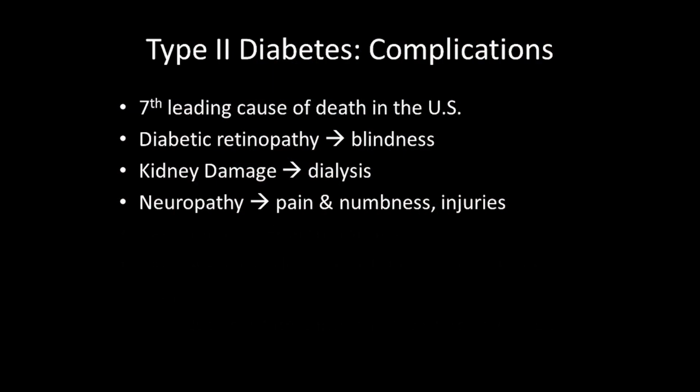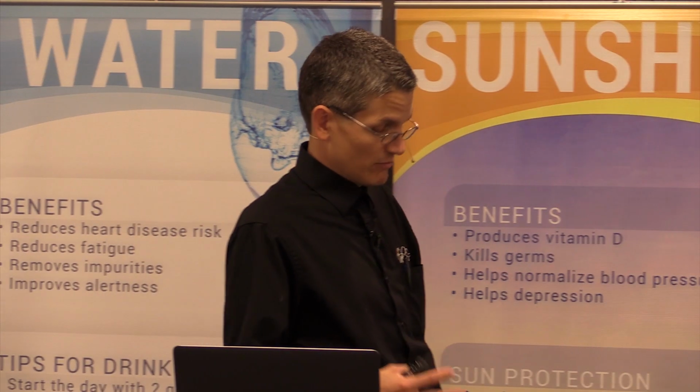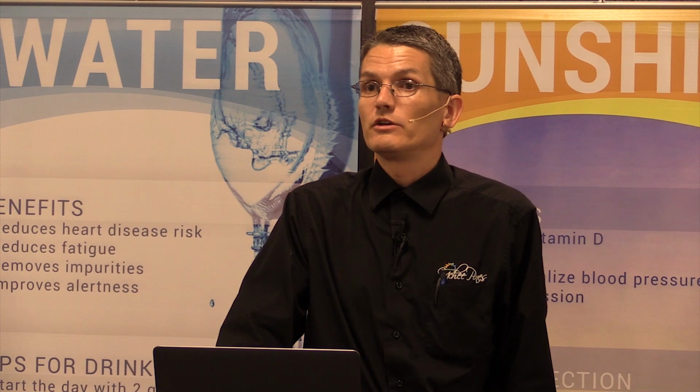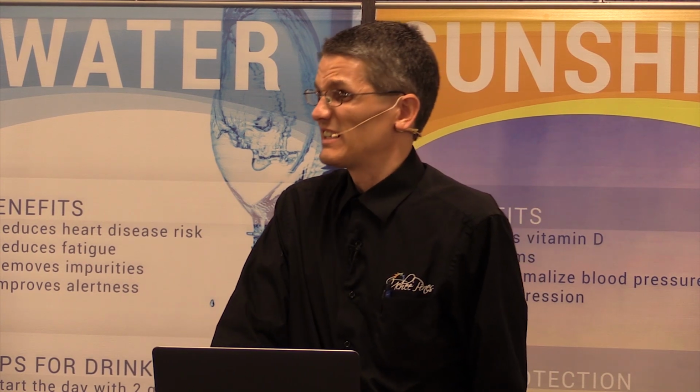It causes neuropathy, where you have that pain or numbness, tingling and so on in your extremities. Very uncomfortable. Sometimes it's really hard to sleep when your legs are on fire. It can lead to injuries, like you can injure yourself and you don't realize that you injured yourself because you didn't feel it.